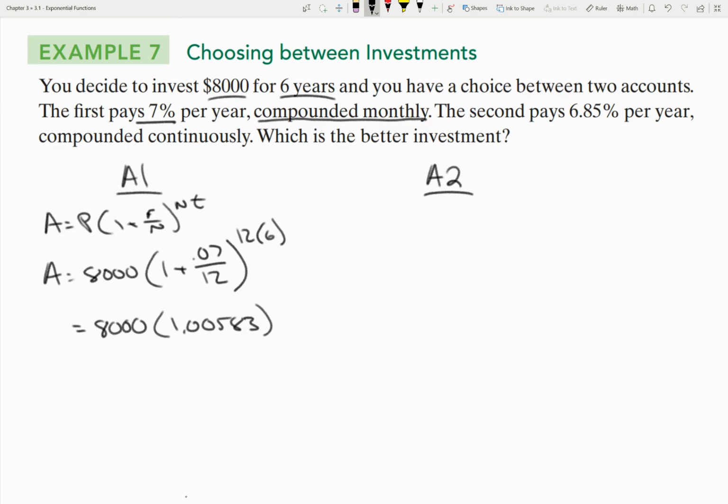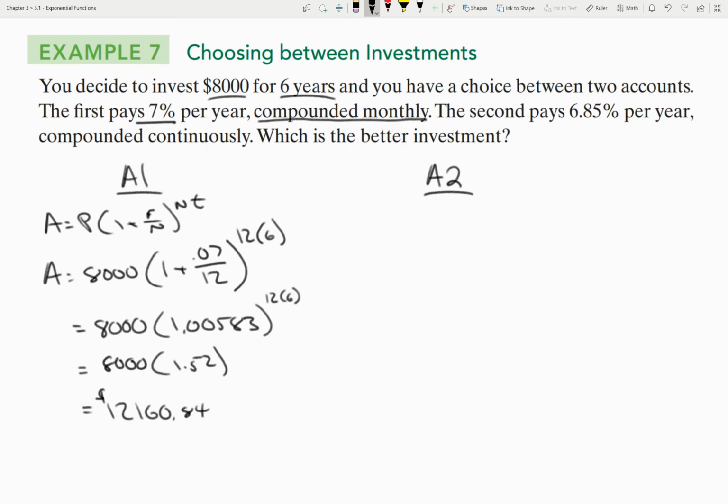This would be 12 times 6 up there. Now this is 8,000 times 1.52, and it gives us a total of $12,160, and always 2 decimal points with money unless you are told otherwise.